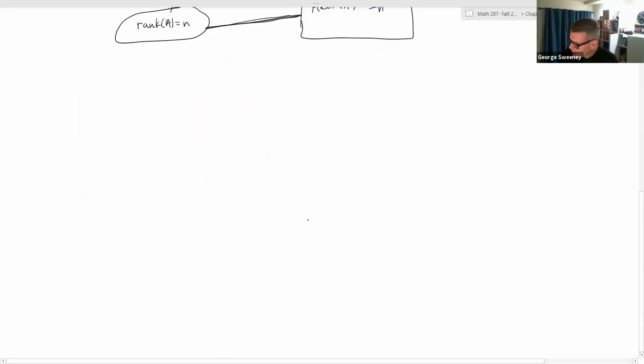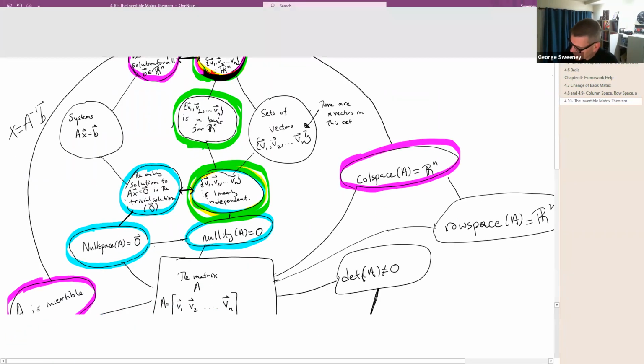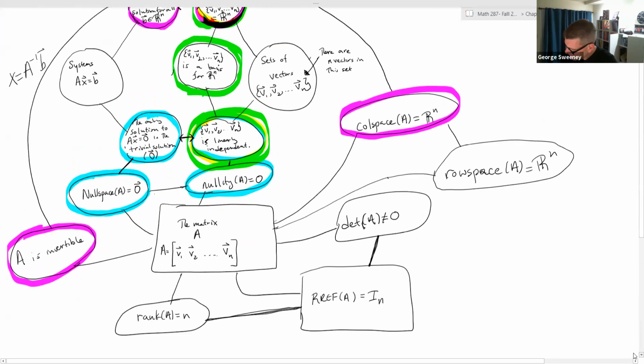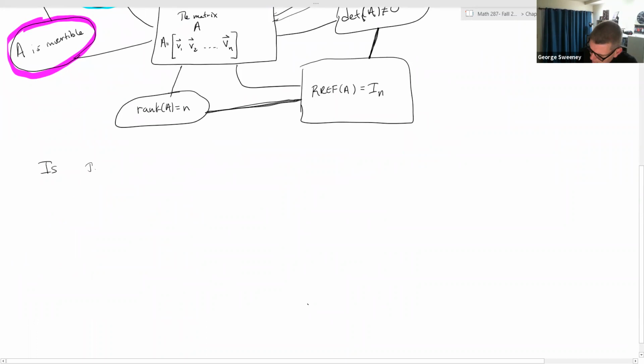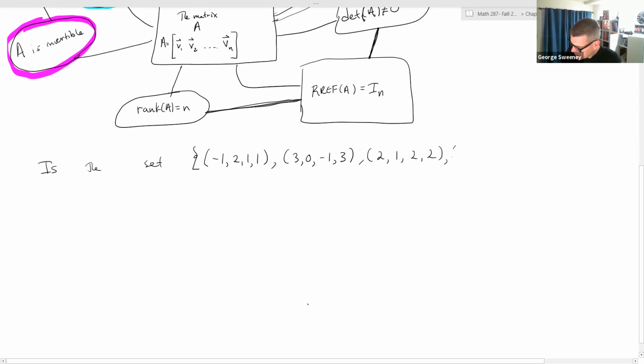So let's take a look and let's use this a little bit. Is the set, okay, -1, 2, 1, 1; 3, 0, -1, 3; 2, 1, 2, 2; 0, -1, 3, 1, linearly independent?